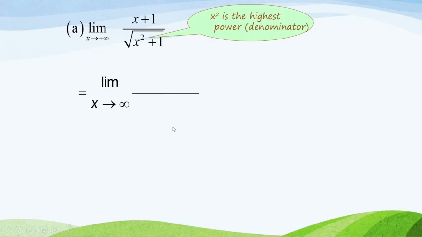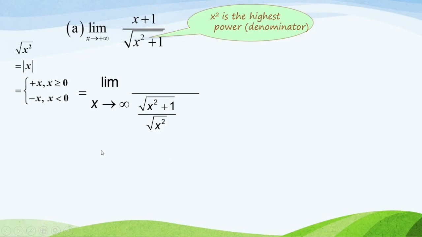We need to divide by the cube root of x squared for the denominator. Meanwhile, for the numerator, we can just simplify and divide by x, because when x approaches infinity, the cube root of x squared equals x.